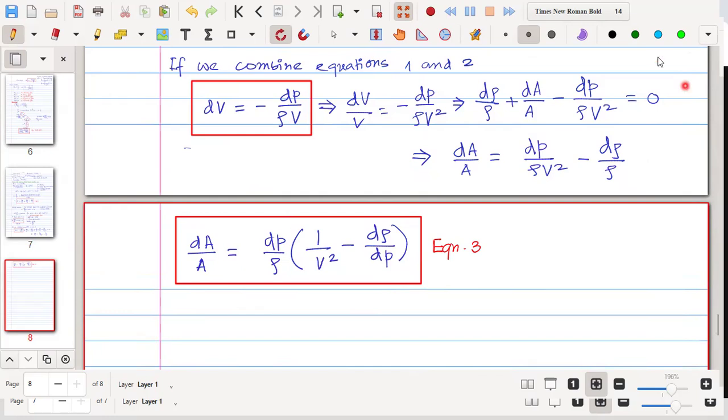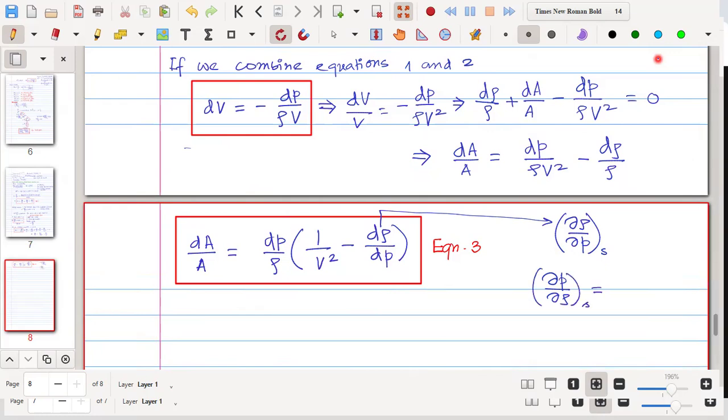Therefore, this quantity is basically a partial derivative, del rho del P at constant S. Because it is isentropic, so it is constant S. And we know that del P del rho at constant S is what?